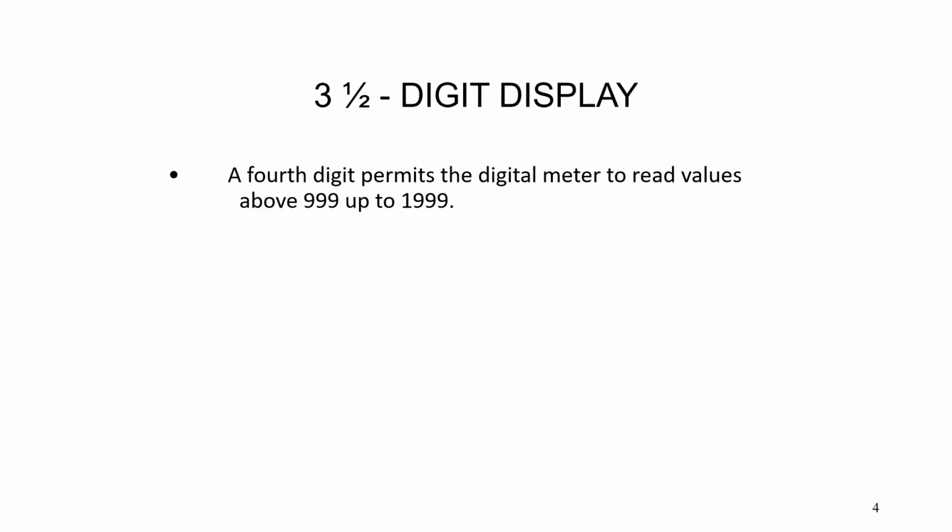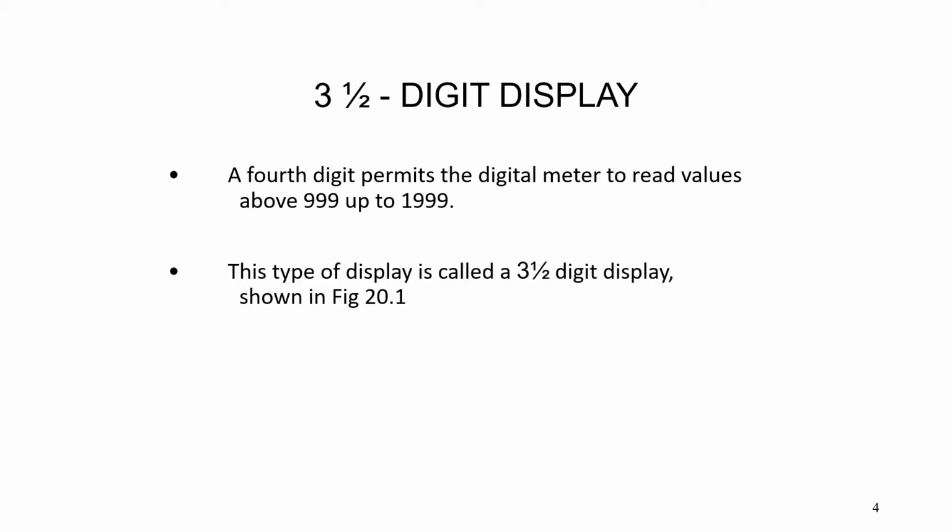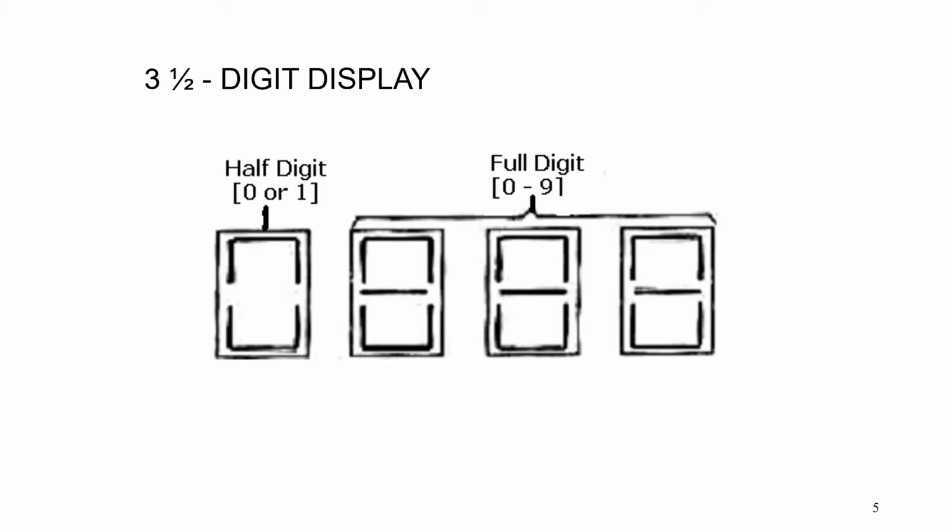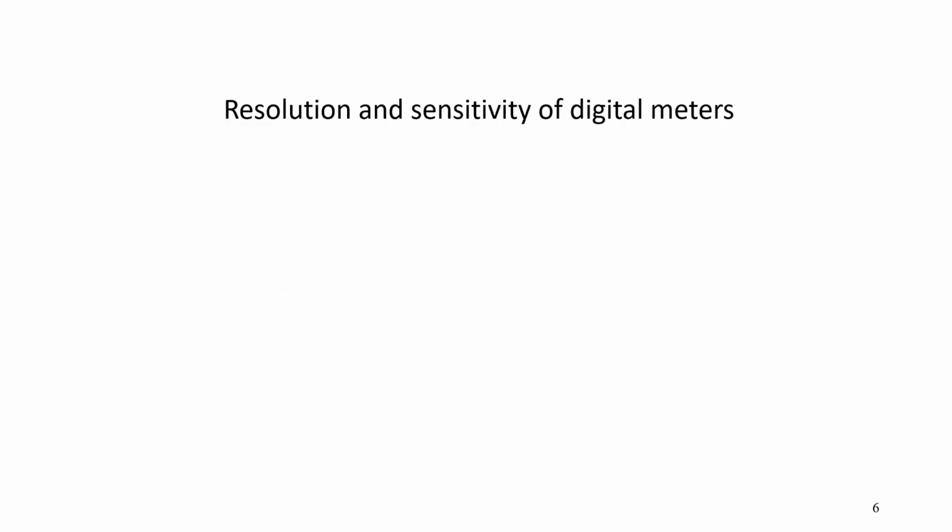This fourth digit permits the digital meter to read values above 999 up to 1999. So this type of display is called a 3.5 digit display. As shown in the figure, the leftmost digit is the half digit, showing 0 or 1, and the other 3 are full digits, showing 0 to 9.